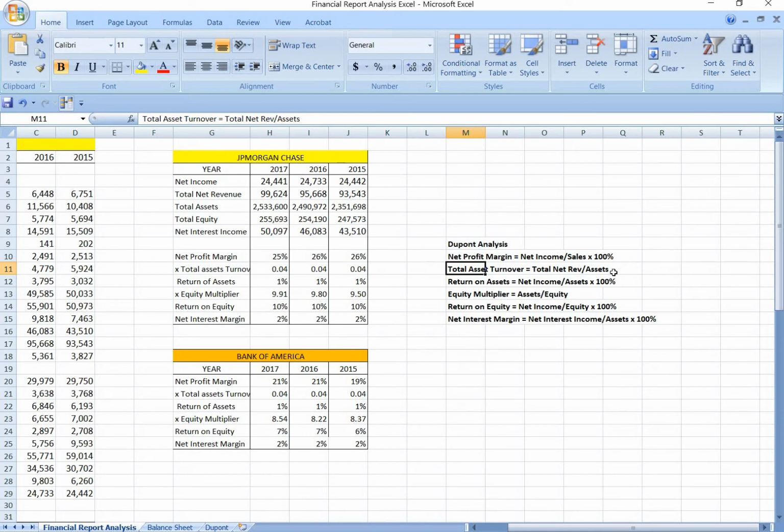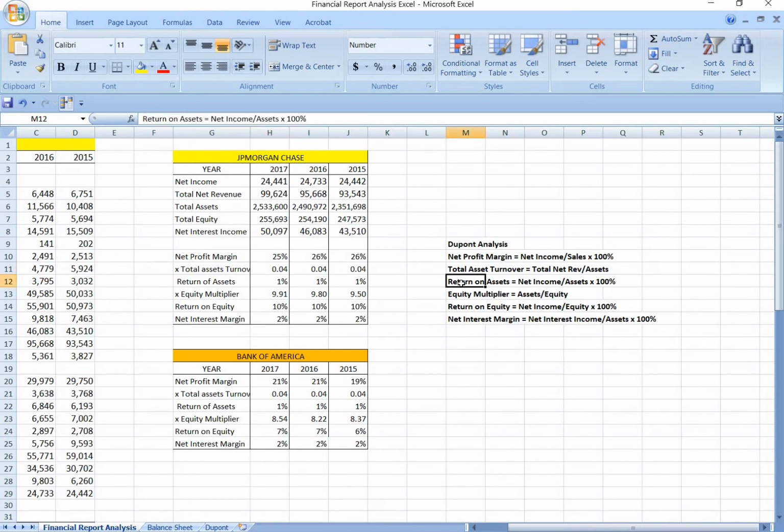The asset turnover ratio can be used as an indicator of the efficiency with which a company is using its asset to generate revenue. On the table here, the numbers are about the same, 0.04 every year, nothing changed.